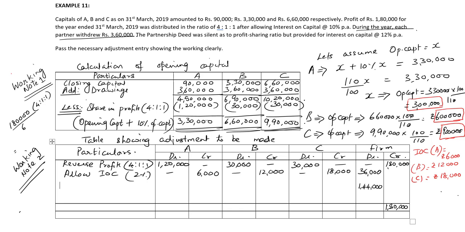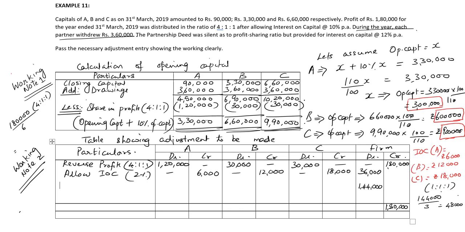The correct profit sharing ratio is 1:1:1. So each gets 1,44,000 divided by 3, which is 48,000.